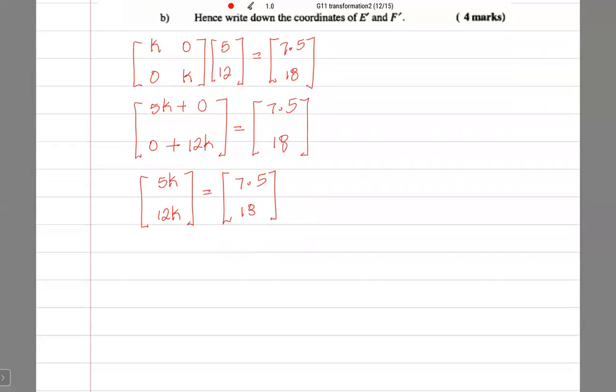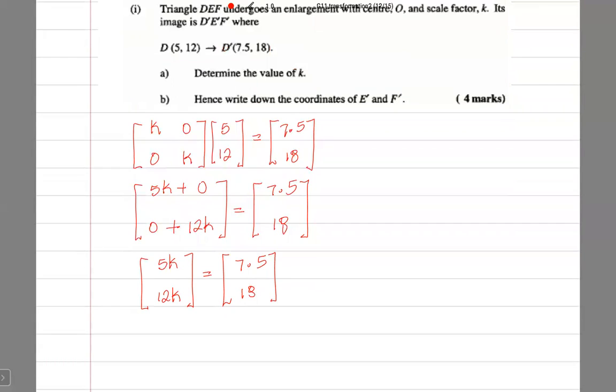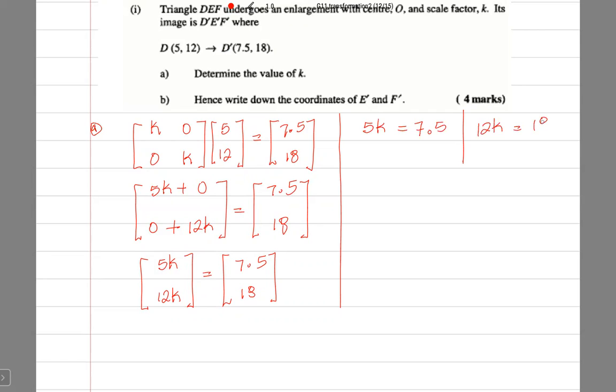We need to be conservative with it because we might need some more space. All right, so for A, because if two matrices are equal, corresponding elements are equal, 5K is equal to 7.5 and 12K is equal to 18.